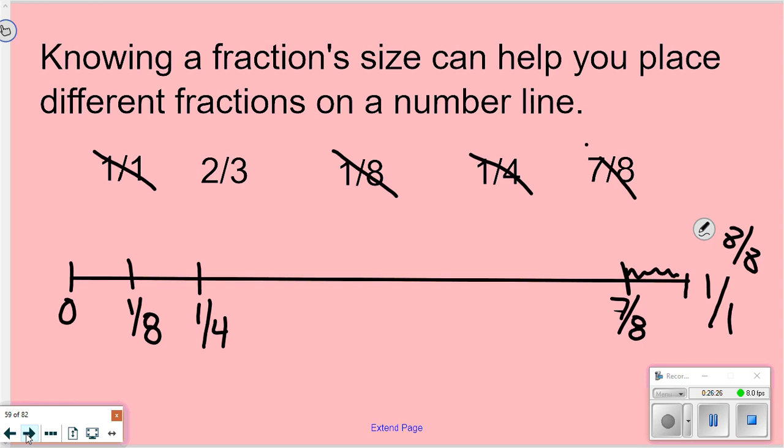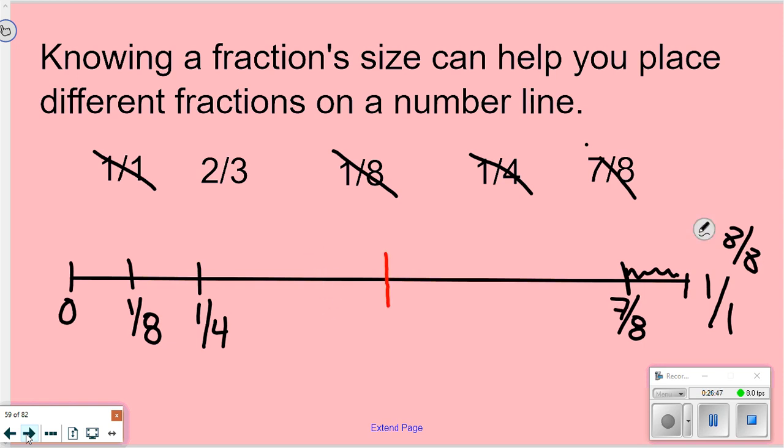Zach, what are you thinking? Like two more fingers away? So, you think it's here? Not the middle, I think. No. Let's do this. Let's put an easy fraction that we can all find.